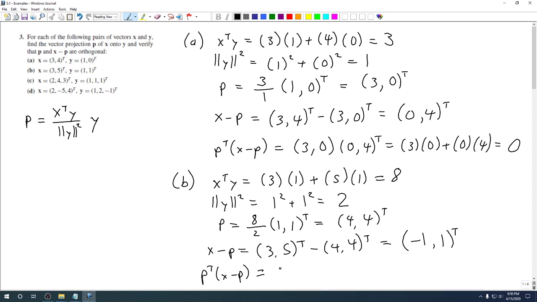So taking the scalar product of p, which is 4, 4, with x minus p, which is negative 1, 1 transpose, we have 4 times negative 1 plus 4 times 1. So negative 4 plus 4 gives us a 0.